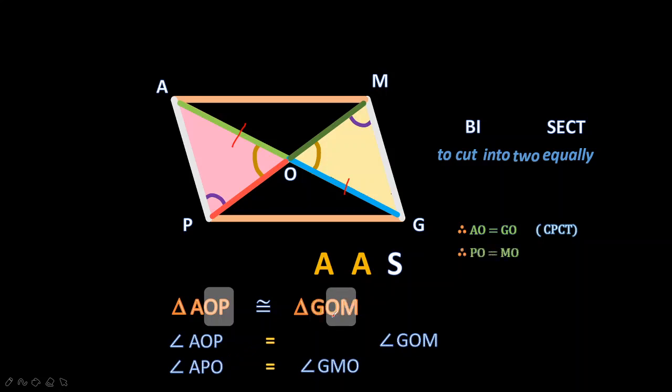Or we can say PO is equal to MO, just writing in reverse order. When you are reversing this, this also needs to be reversed. PO is equal to MO by again CPCT. That means this side is equal to this side. So by CPCT we could prove that the diagonals of a parallelogram bisect each other. Okay, so that's all for this video.